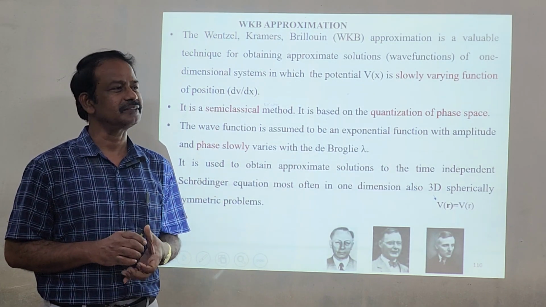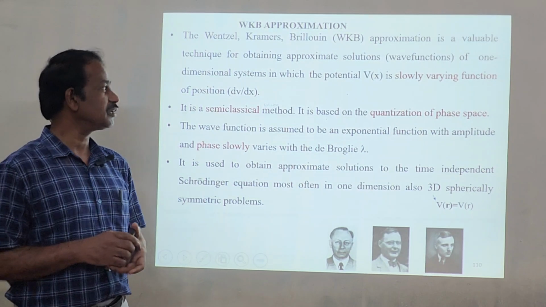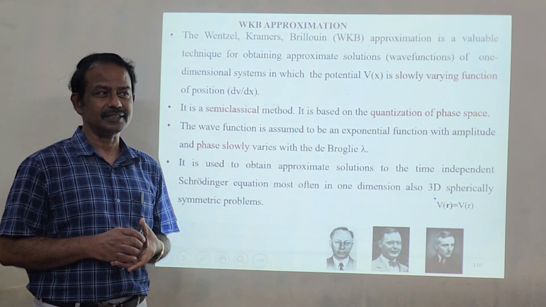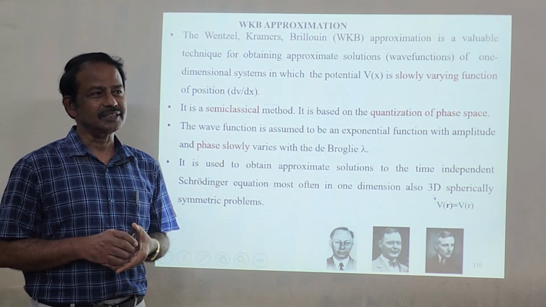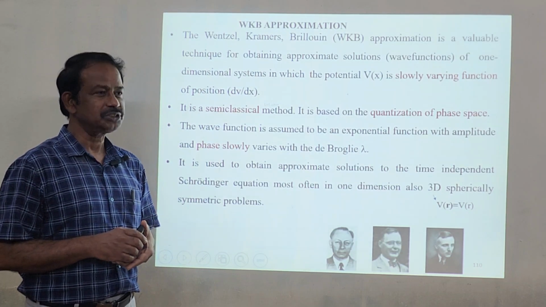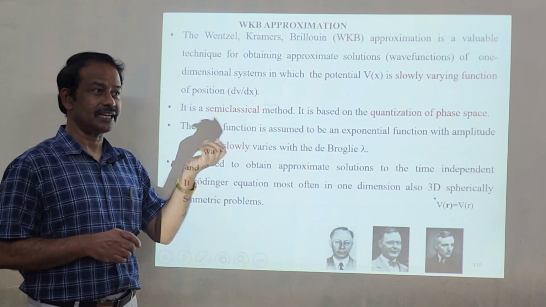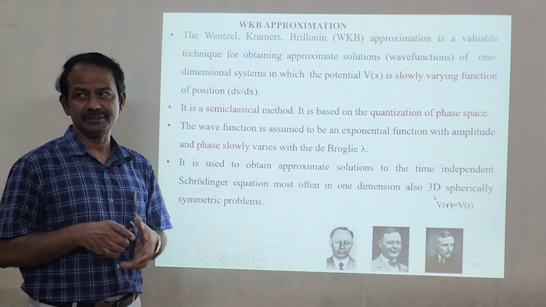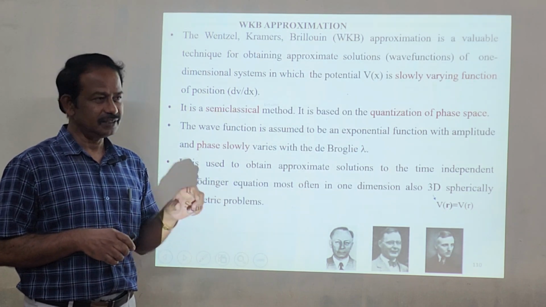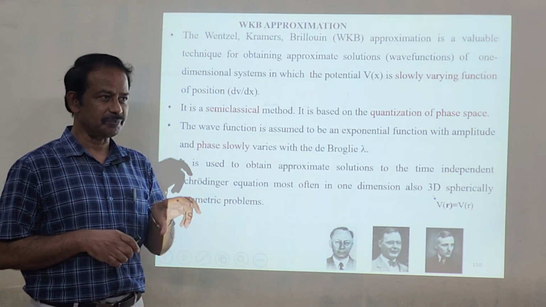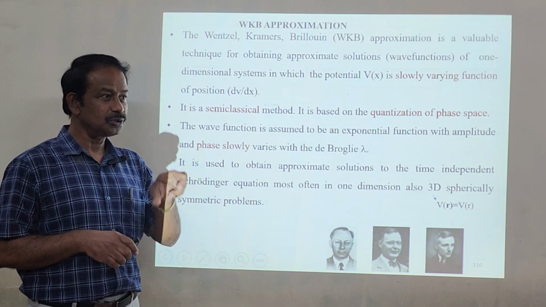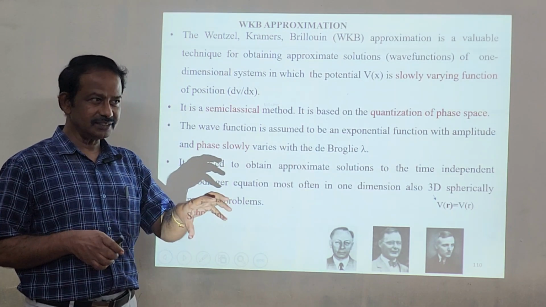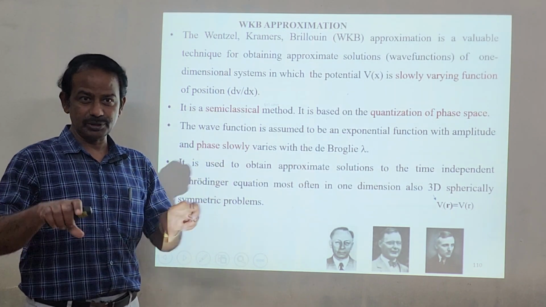One point, and another very important point, is that it is a semi-classical method, in which we are going to use the results of the classical method and compare these two. In the WKB method we use both the quantum results as well as the classical results, and we compare them.